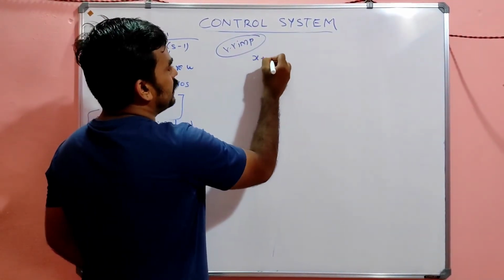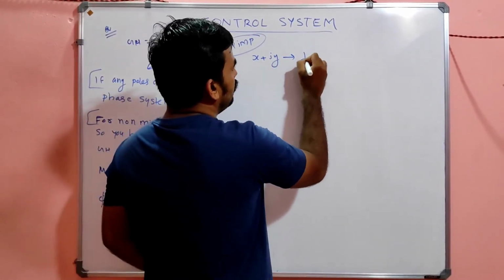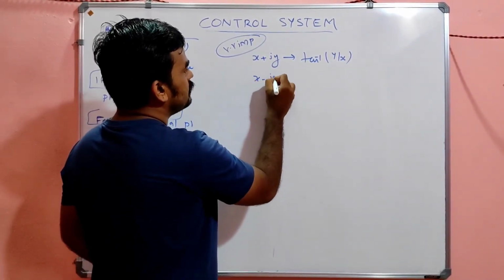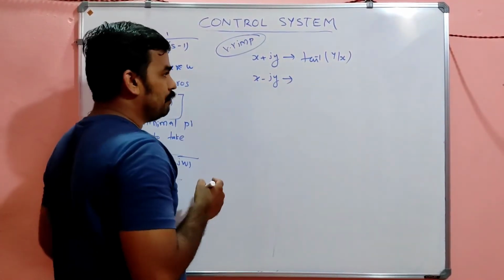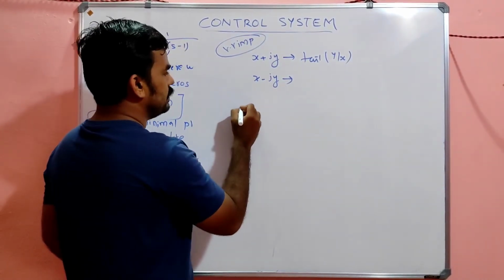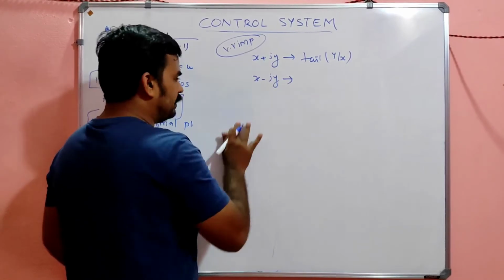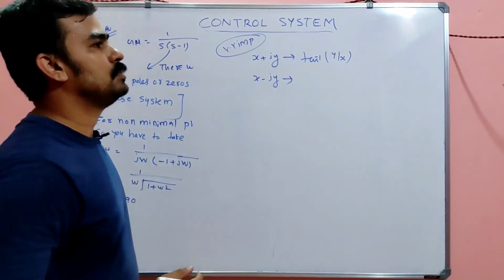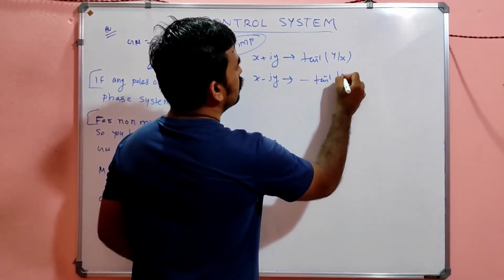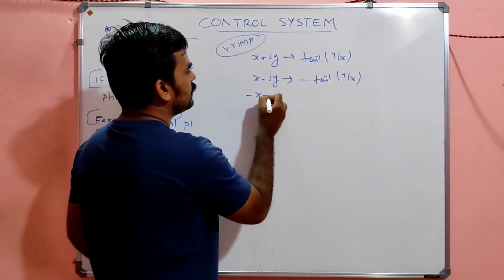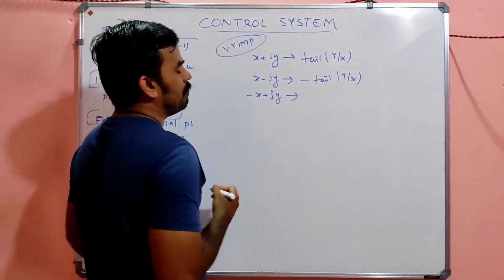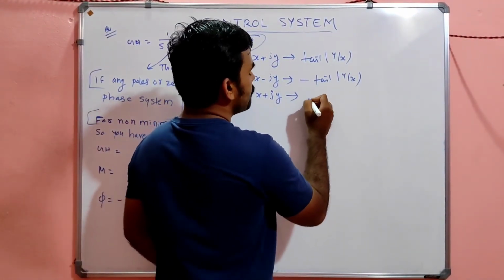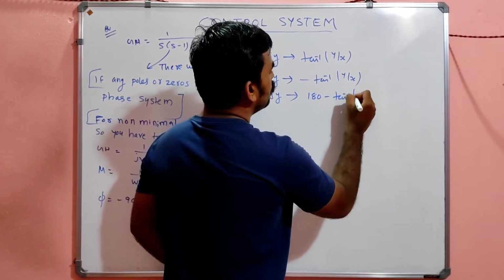If it is in x plus jy format, the angle will be tan inverse y by x. If it is in x minus jy format, the angle is simply minus tan inverse y by x. If it is in minus x plus jy format, it will be 180 minus tan inverse y by x.